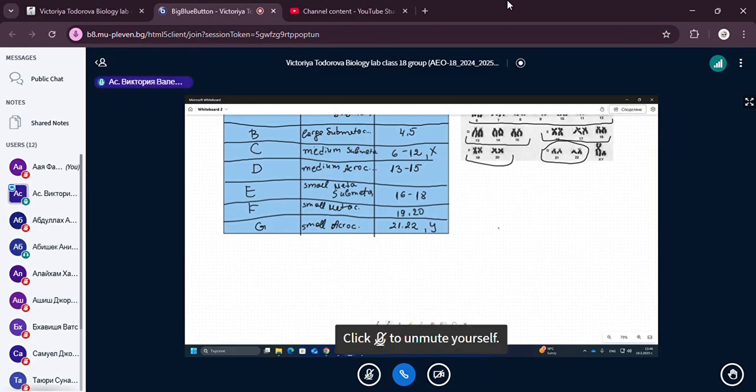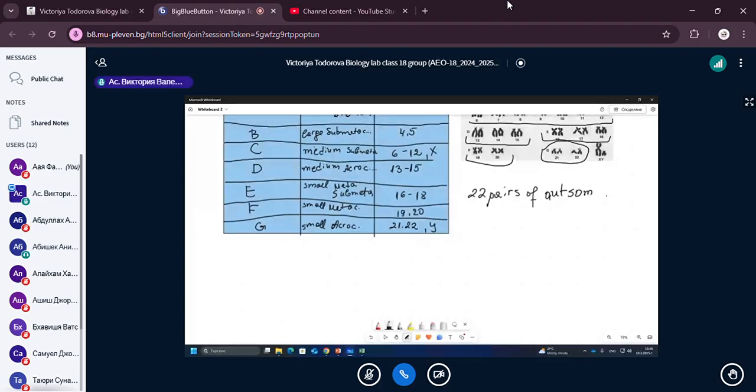So if you have to write down its total, we have 22 pairs of autosomes and one pair of gonosomes.